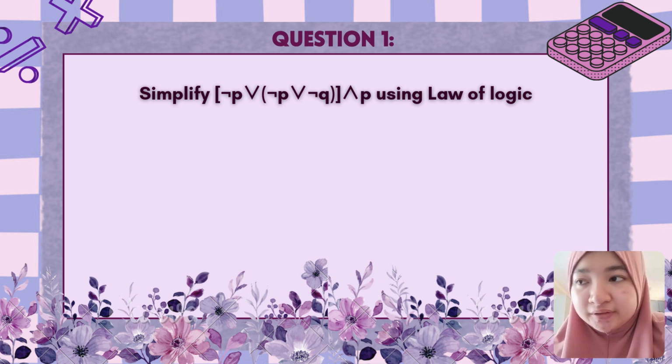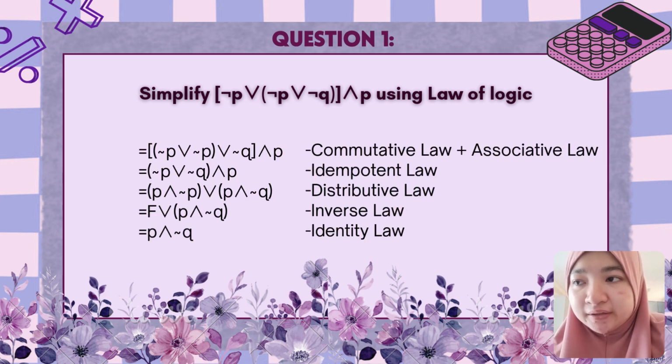So the answer is, in brackets, (¬P or ¬P) or ¬Q, close bracket, and P by using commutative law and associative law. Then we will use (¬P or ¬Q) and P by using idempotent law.